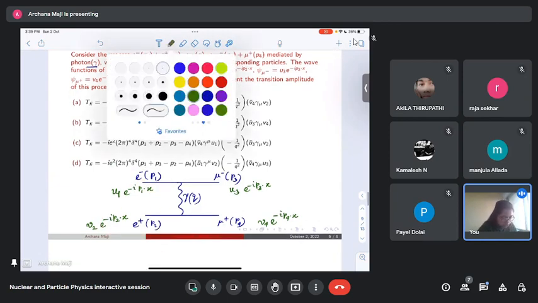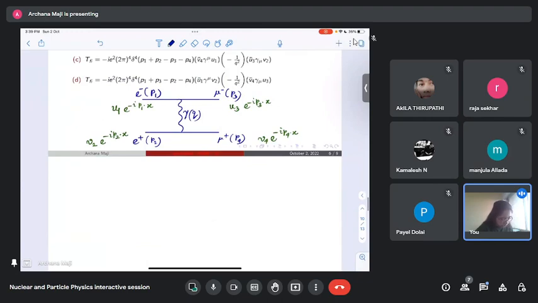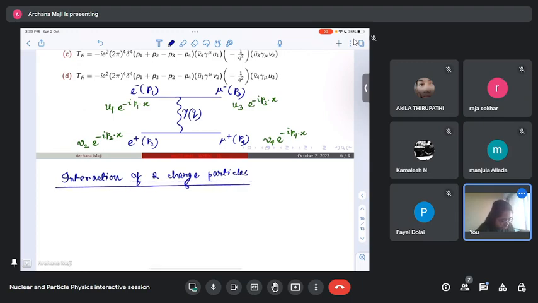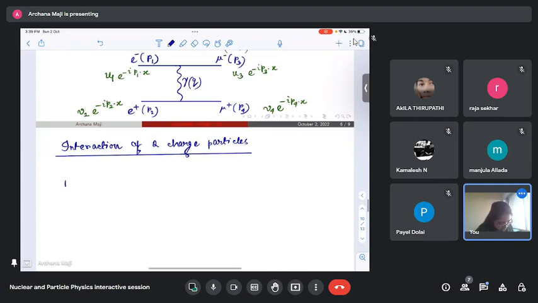For this case the transition amplitude is defined in terms of currents.